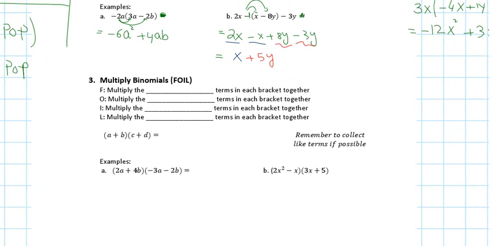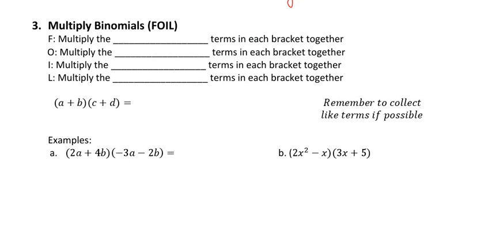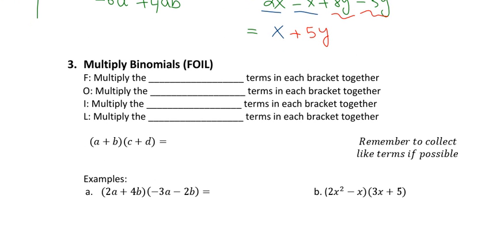So you're going to pretend that this is multiplied by C and by D, and you're going to do the distributive property for that first. And on top of it, this second term is multiplied by C and D as well. So instead of having only one term multiplied by the two, you have two terms multiplied by the two.